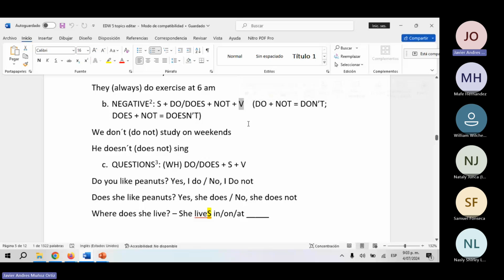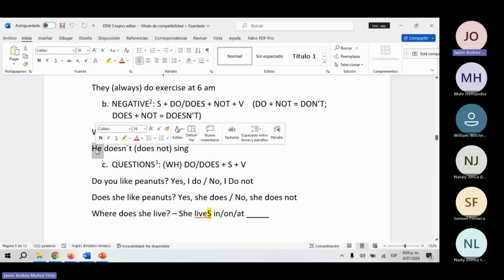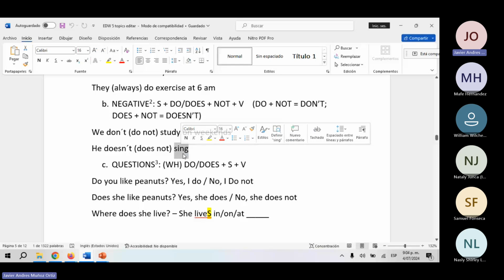We are going to use it in its base form, in infinitive, without any change, because that's why we use the auxiliary verb. For example, we don't study, or the long form, we do not study. In this case, study is the main verb. And he doesn't sing, or the long form, he does not sing. Take into account that the verb sing is not changing, because that's why we have the auxiliary verb.